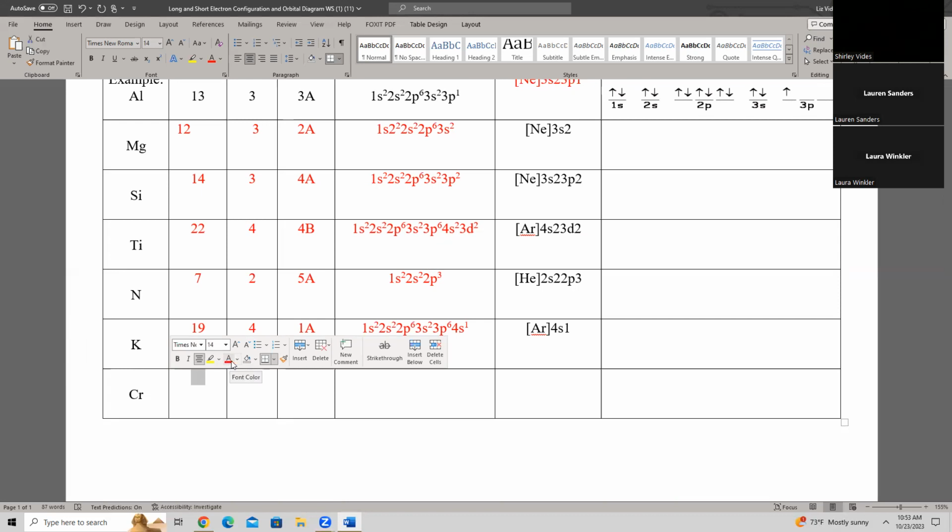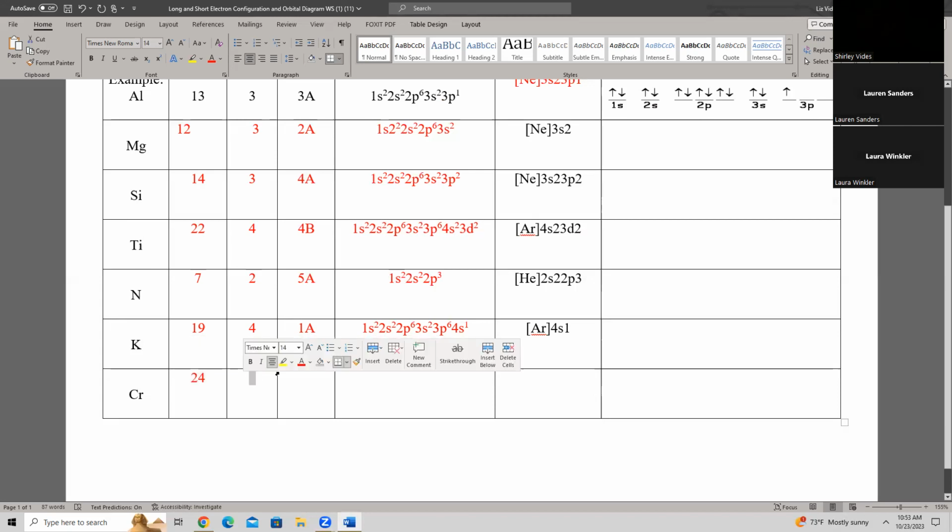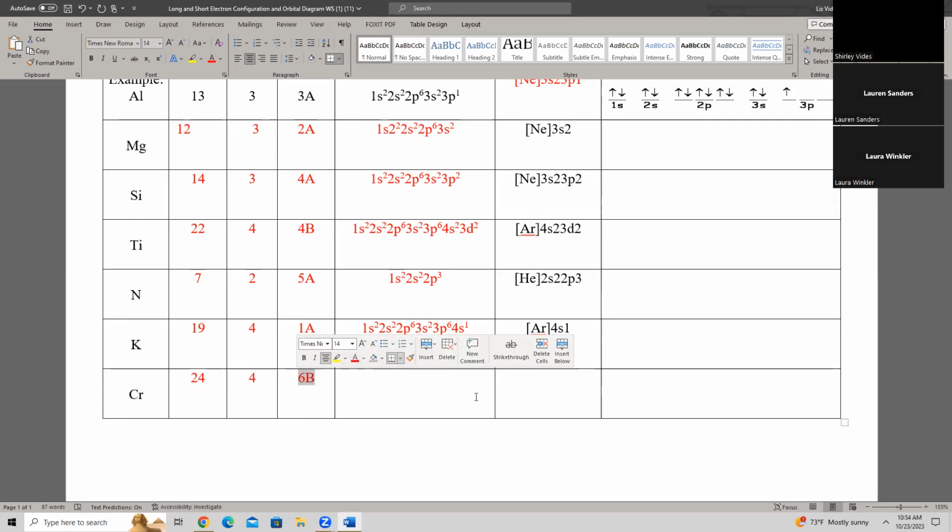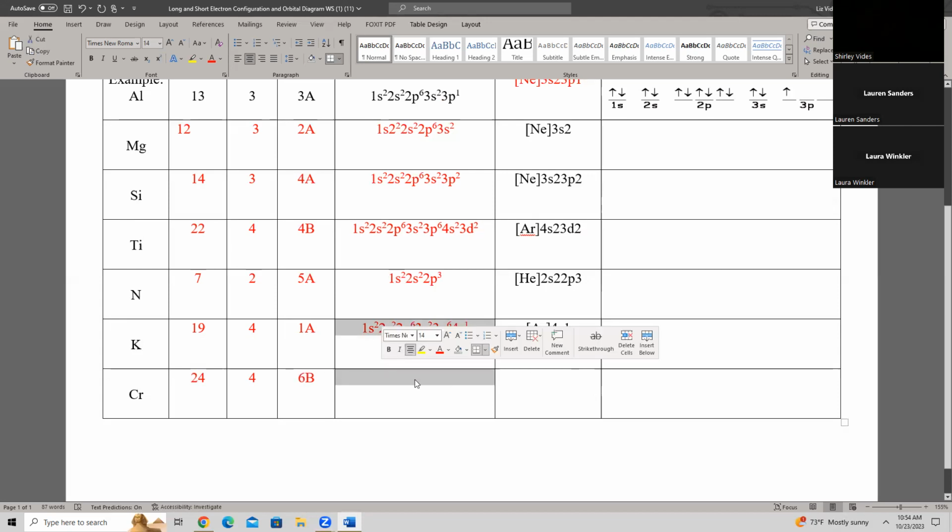Chromium has 24. It is in period 4. It is in group 6B. And this is its long form configuration right here. And we know that it's an exception.